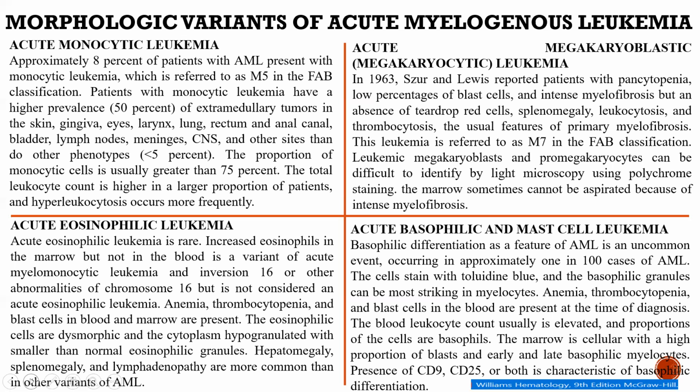Anemia, thrombocytopenia, and blast cells in the blood are present at the time of diagnosis. The blood leukocyte count usually is elevated. The proportion of the cells that are basophils varies. The marrow is cellular with a high proportion of blasts and early and late basophilic myelocytes. Presence of CD9, CD25, or both is characteristic of basophilic differentiation.